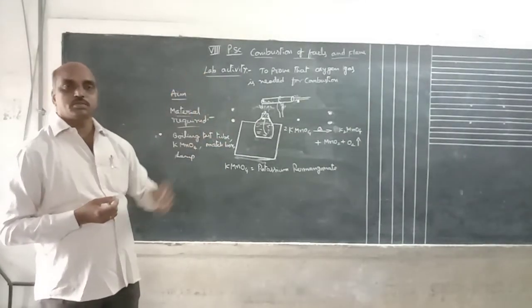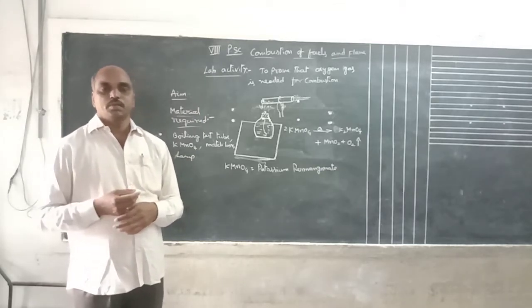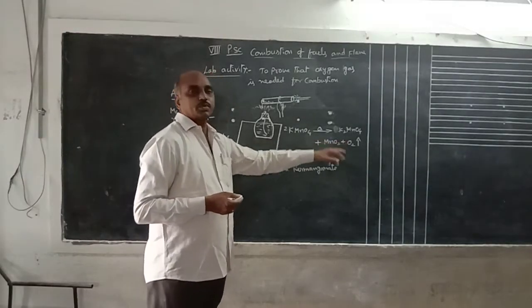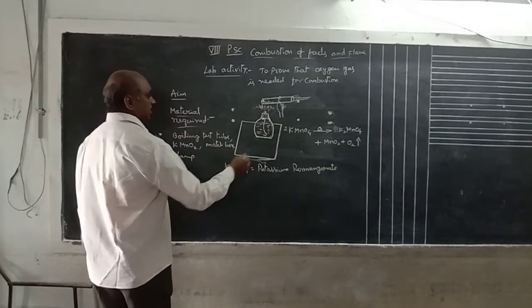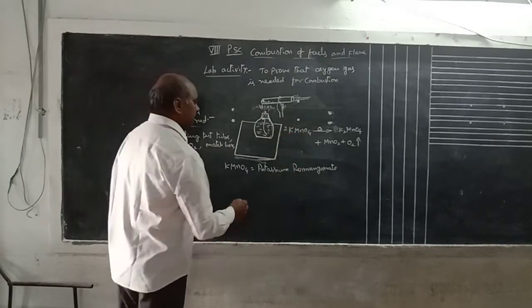The matchstick catches fire immediately. That means the gas evolved is O2. After heating this potassium permanganate, what are the products formed?